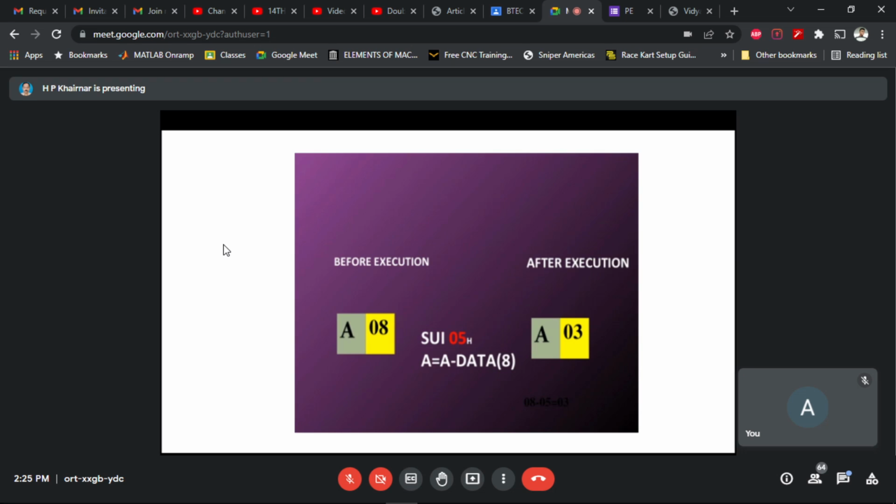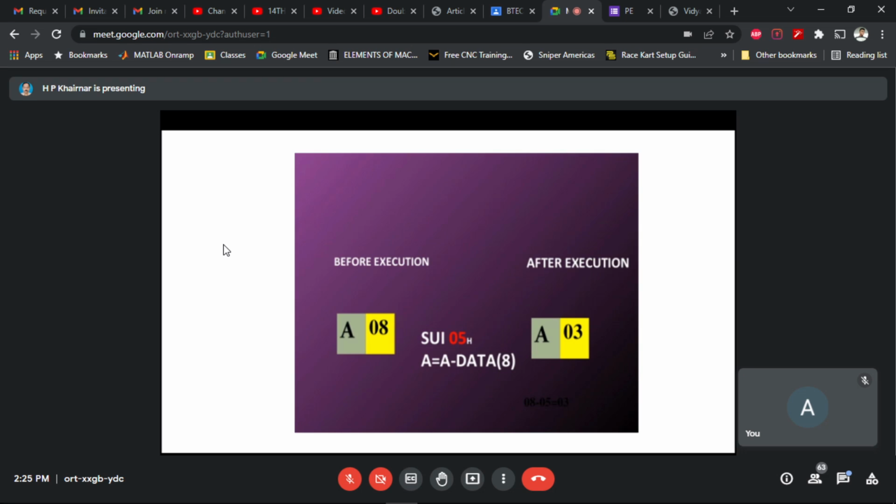That is, you can use the SUI instruction. For example, the accumulator is containing 08. If you execute this instruction, then 05 will be deducted from it, and after execution 03 will be the content in the accumulator.